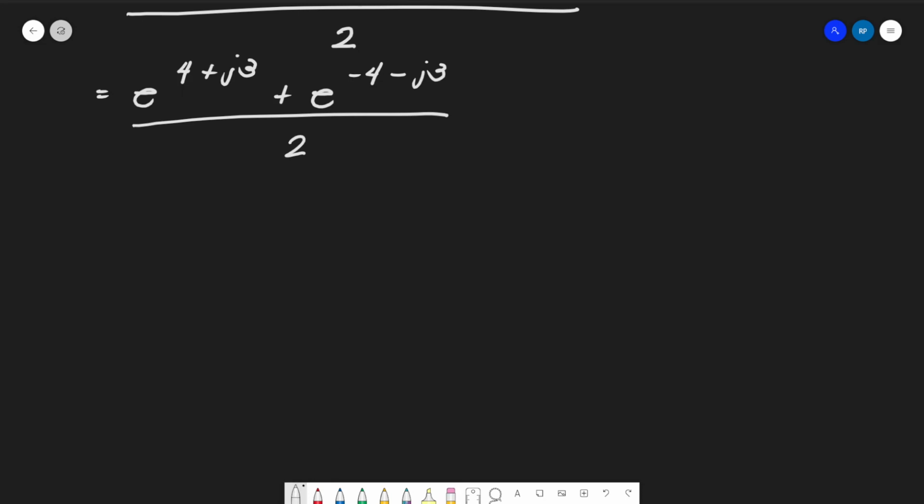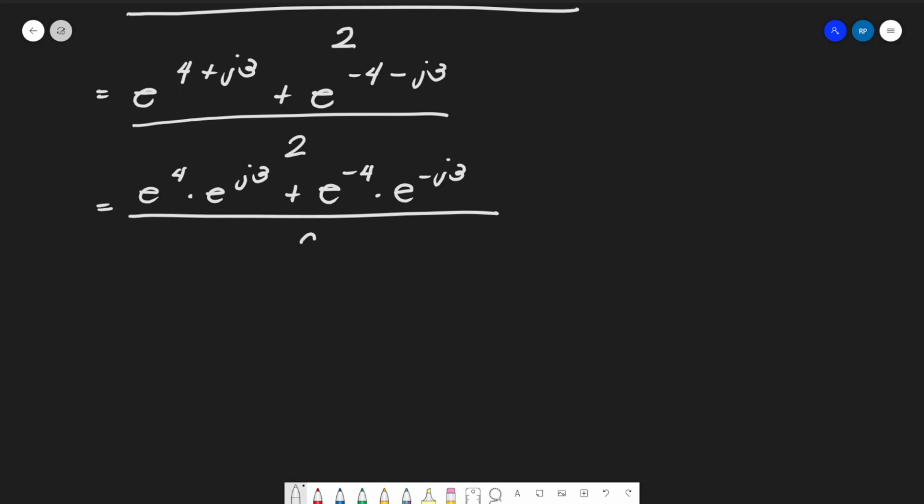So, we have e to the fourth times e raised to j3 plus e raised to negative 4 times e raised to negative j3 over 2. And alam natin na ang form na r e raised to j theta, ito yung exponential form natin, is equivalent to r angle theta. So, yun yung gagawin natin dito.